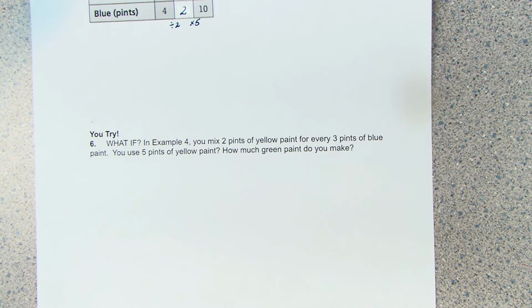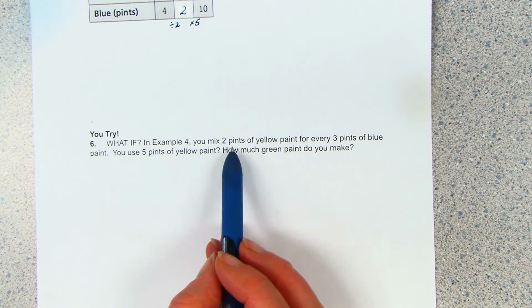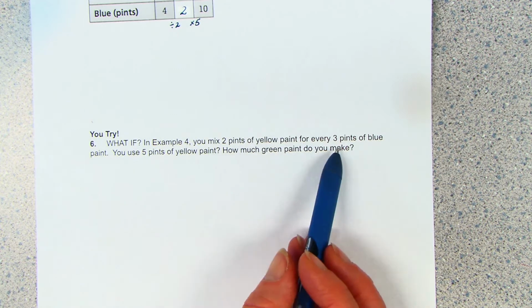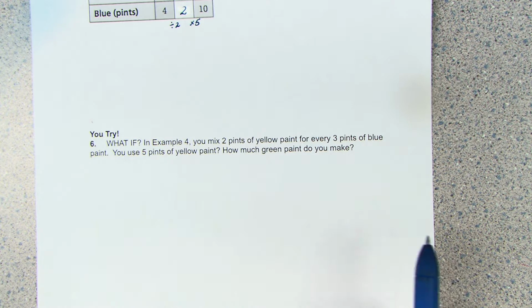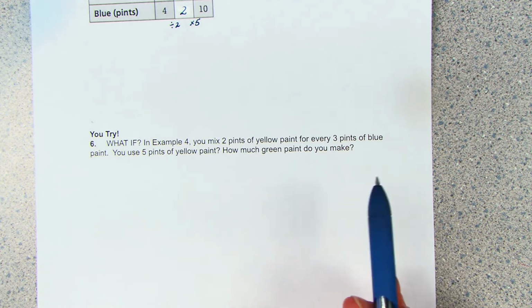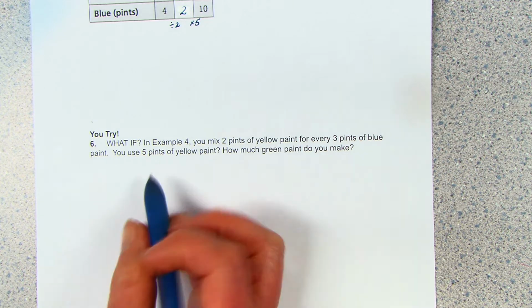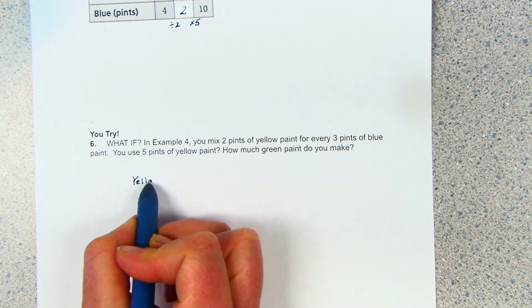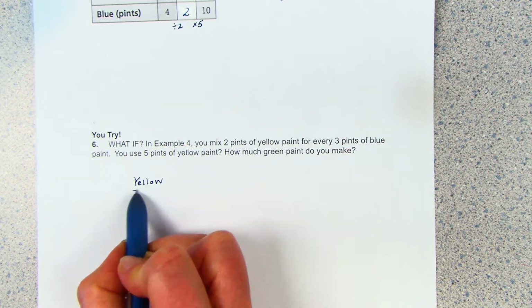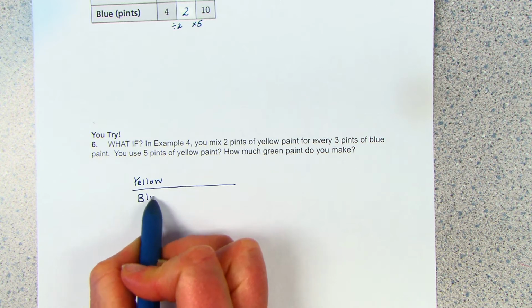I think I will do number 6 with you, all right, just because that's kind of hard. All right, so what if in this example we had 2 pints of yellow for every 3 pints of blue? What are they actually asking you? How much green paint? Okay, so it's the same problem. So let's go ahead and make the same chart. We've got some yellow, and we've got some blue.